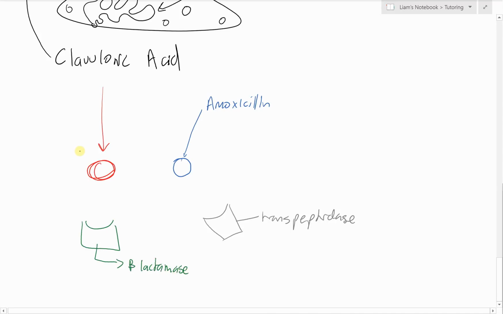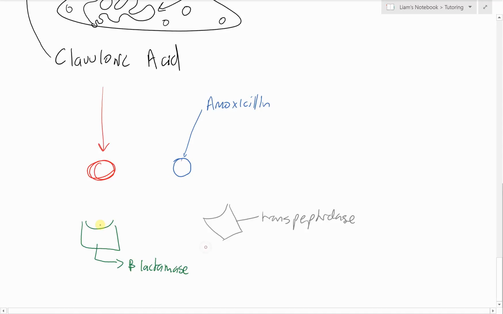So when there's no clavulanic acid in the picture, our amoxicillin will be trying to bind to the transpeptidase, but our beta-lactamase is going to bind to it first, form that complex, and break up the amoxicillin. Right? What happens though when we co-administer with clavulanic acid?